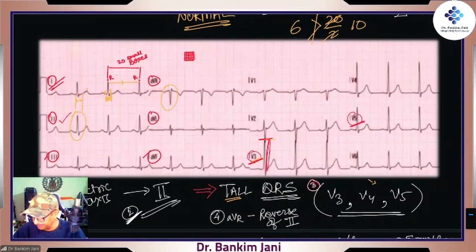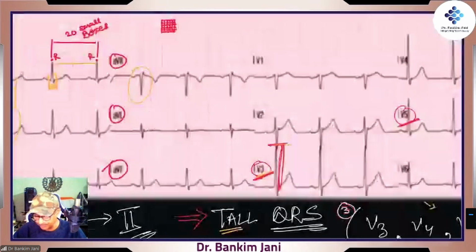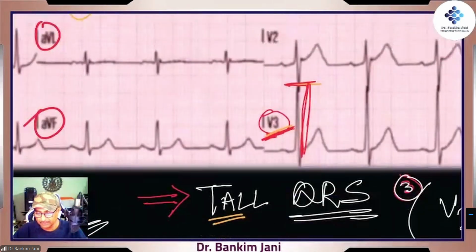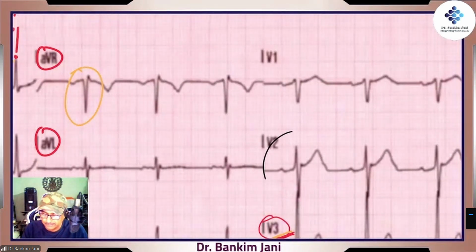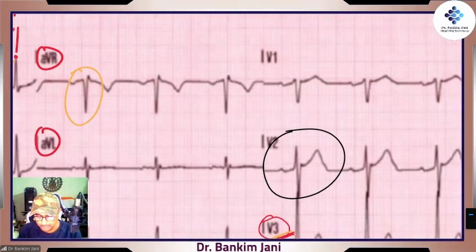Any lead is fine. Our intention is to find out the PR interval. Here is the P wave and the beginning of Q. You will notice that Q is small, but this is the beginning of Q. What distance is it? Roughly one big square.